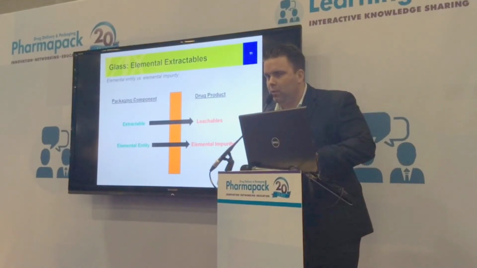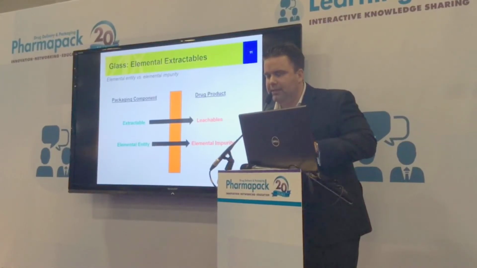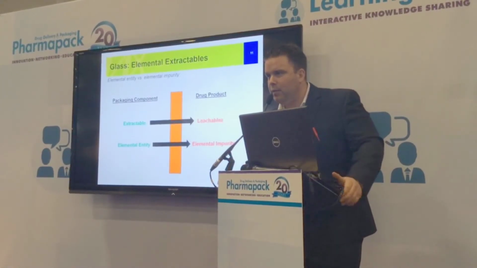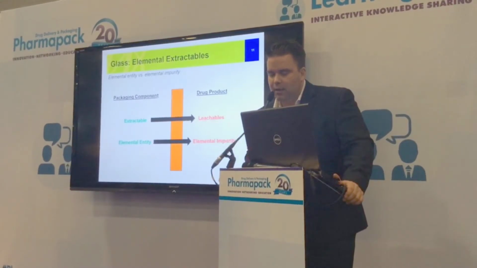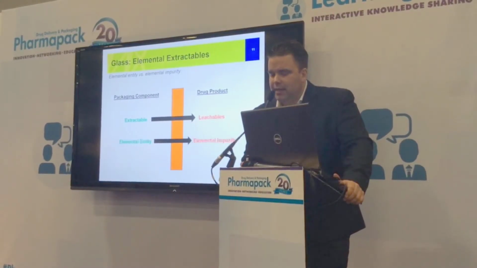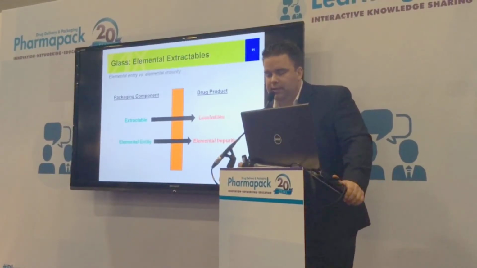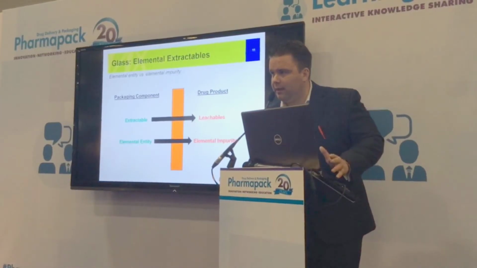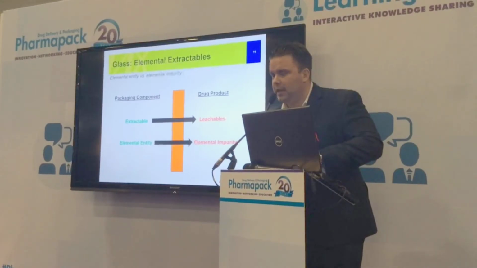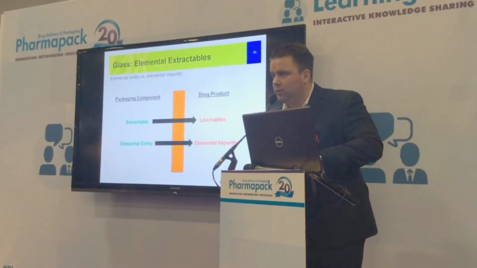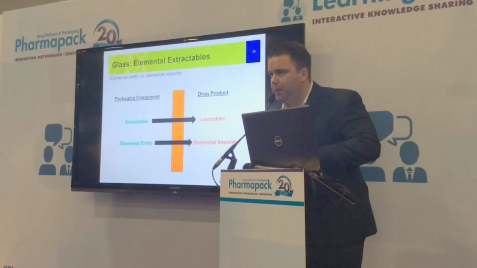So leachables are what the pharmaceutical industry is most concerned with, because this is going to have a direct impact on the end patient. This scheme follows the same when it comes to elemental entities and elemental impurities. So in our tests, we're discovering elemental entities that can come from glass. If it was a glass product packaged with the final pharmaceutical drug product for the end patient, that would be known as an elemental impurity.